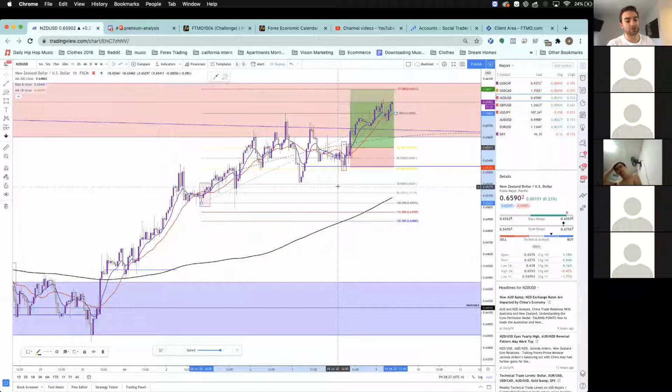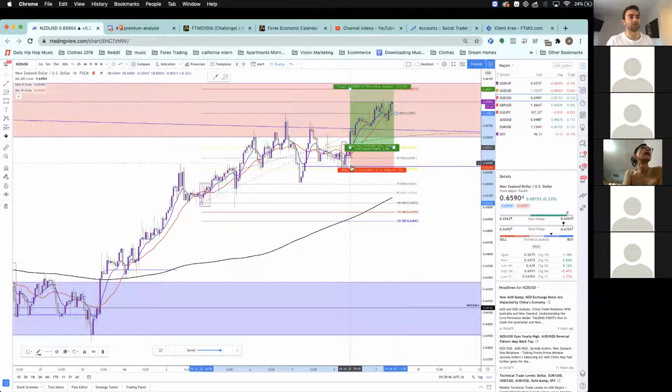You can see I have them highlighted here in gold or yellow. They are pretty much the two golden levels. I don't use RSI and MACD, only moving averages. And by that, I mean, if the trend is respecting these levels, 61.8 and 38.2, it is a very healthy trend. It's a trending market if it's respecting those levels.